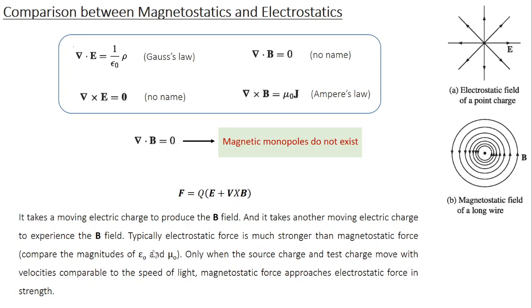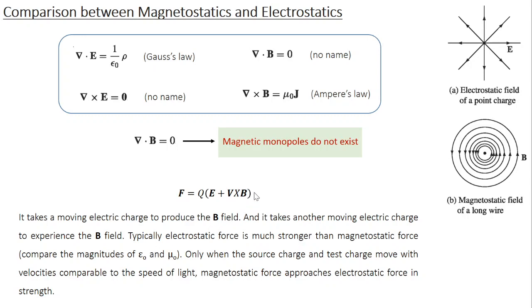In the expression for electrostatic field, you have 1 by 4 pi epsilon naught term. The value of epsilon naught is of the order of 10 to the power minus 12. Epsilon naught is in the denominator, so you have a 10 to the power 12 factor there.